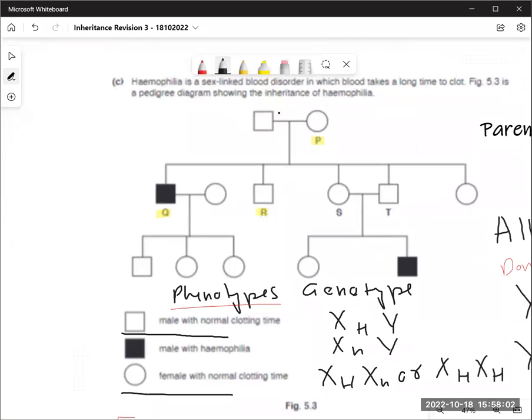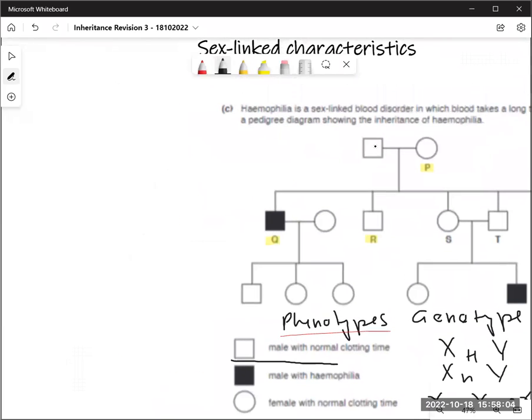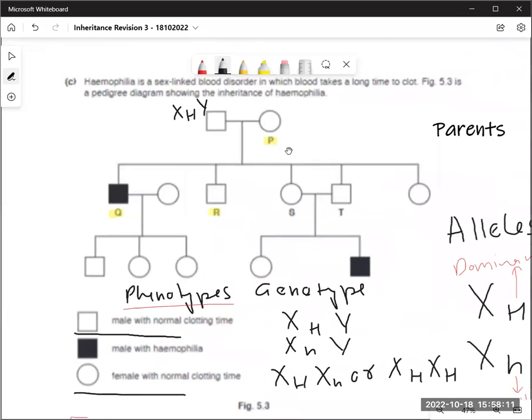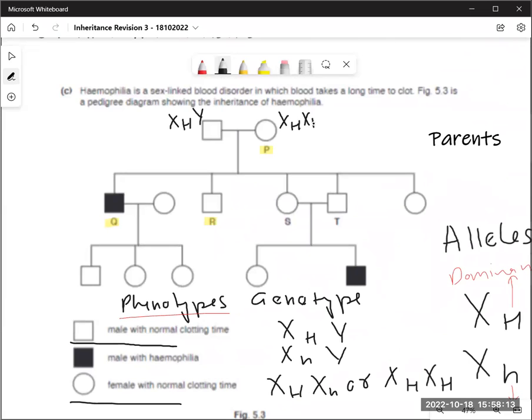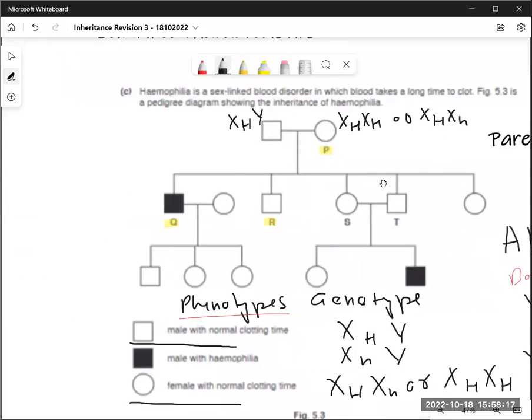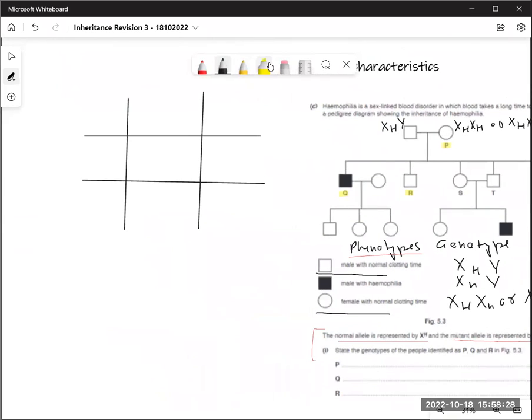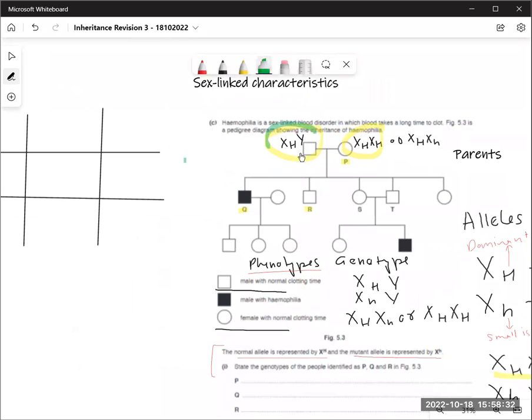Over here, I'm just going to write the genotypes. So this guy could be XHY, and normal female could be either XH XH or XH X small h. Let's try doing the diagrams for both of these. Let's cross these. There are two possibilities, either this one with this one, or this one with this one.